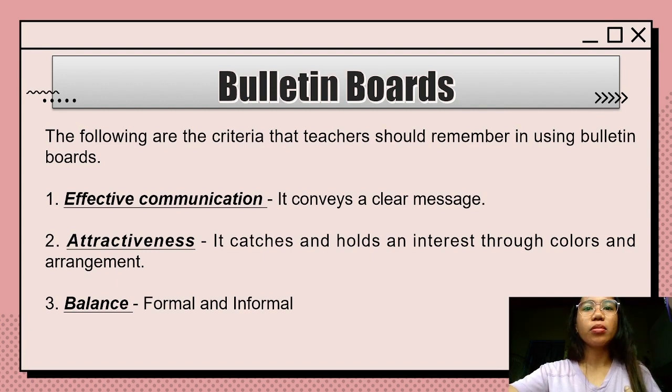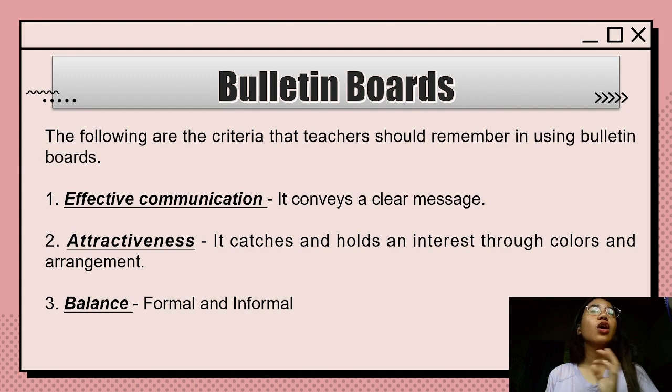So next is attractiveness. Kapag sinabi natin attractiveness, it is a key criteria that teachers should remember when using bulletin boards. So it is the context, which means making sure that the bulletin board is visually appealing and engaging to students. By means of attractiveness, nakakatch nito yung attention ng mga students by means of the creative, like yung ginamit na color is nakakakit naman talaga sa atin.